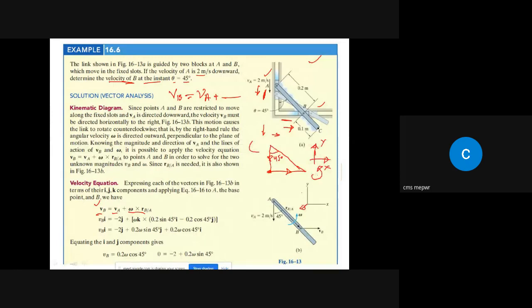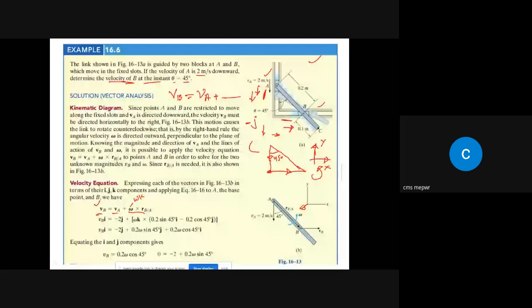So omega will be along the Z direction with unit vector K, and it should be positive. And VA is downward, so it is in the downward direction with the unit vector J and with a negative sign.